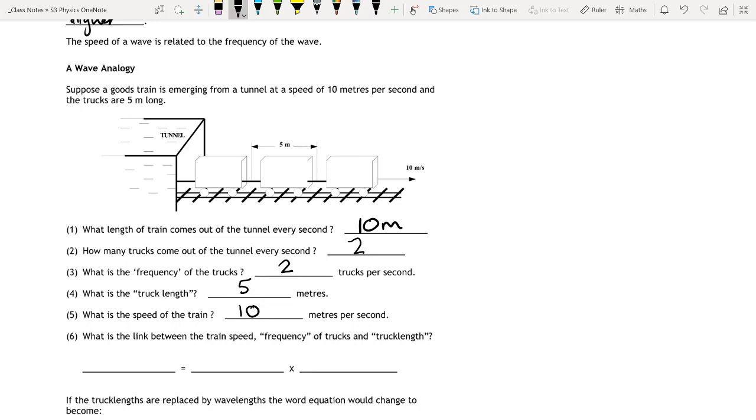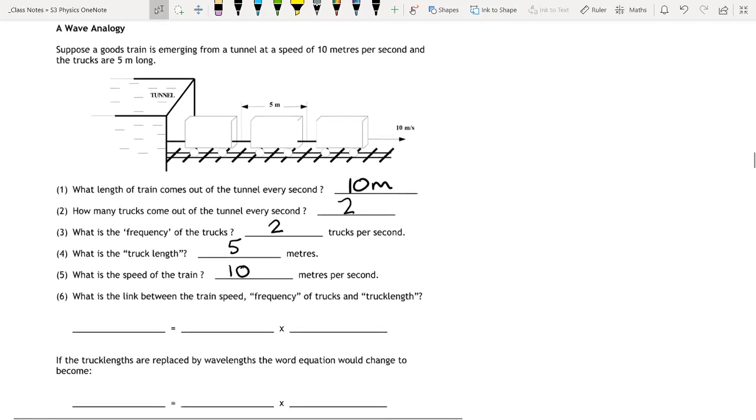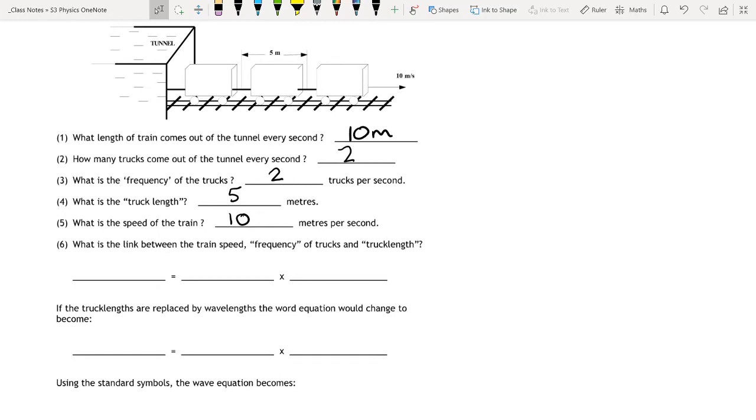So if the speed is 10, the truck length is 5, and the frequency is 2, then we can make an equation from those numbers, because 10 is 5 times 2. So the speed, which is 10, is the truck length, which in this case is 5, times the frequency. So in this case it was 10, 5, 2.